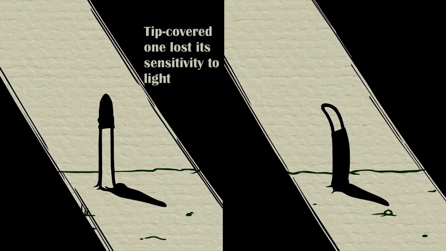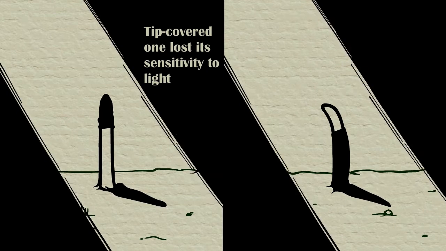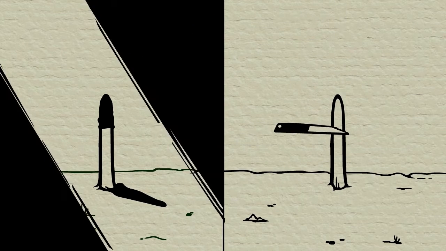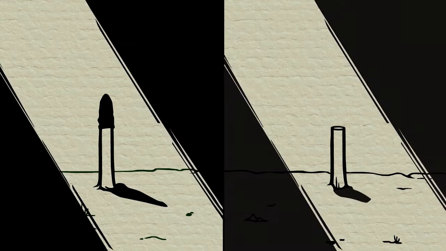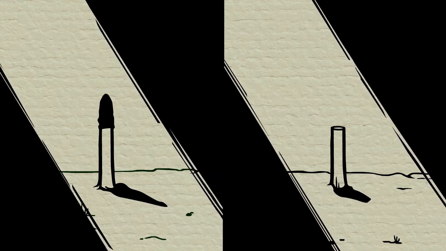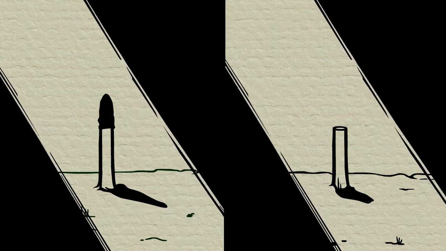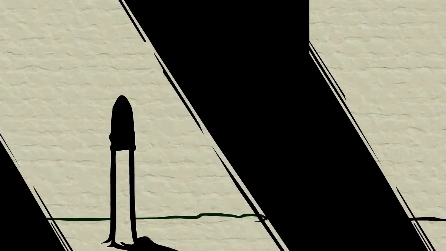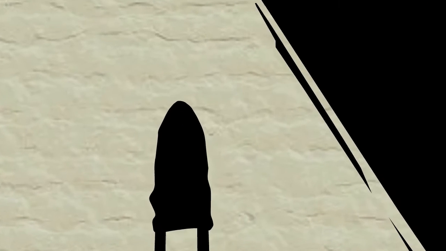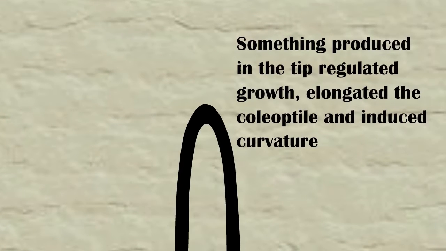The tip-covered one lost its sensitivity to light. Same thing happened when he removed the tip and exposed it to the light. No curvature, no bending in both cases, with the tip being covered or removed. Therefore, he came to the conclusion that the tip was the light-sensitive part, and something produced in the tip regulated growth, elongated the coleoptile, and induced curvature.